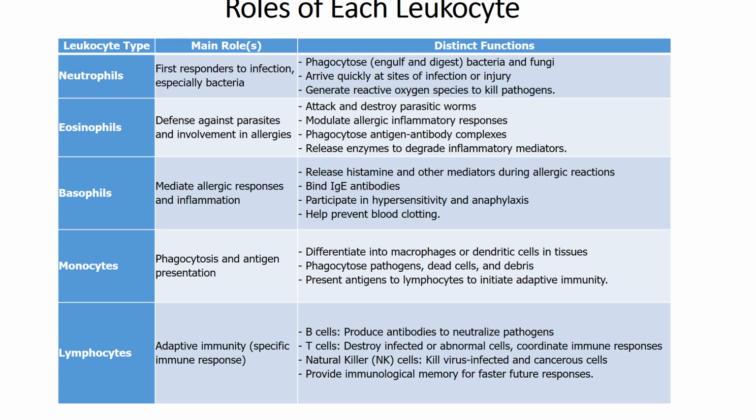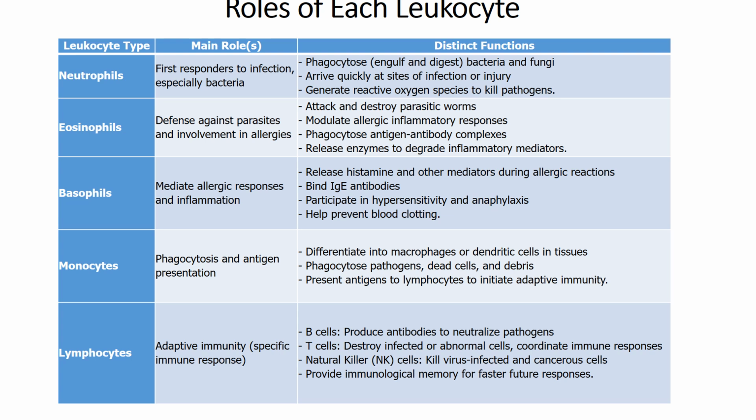The distinct function involves phagocytosis and generation of reactive oxygen species to kill pathogens. Lymphocytes are the adaptive immunity or specific immune response.